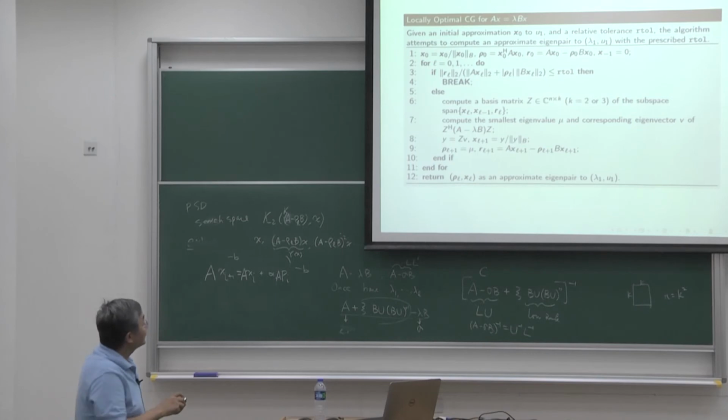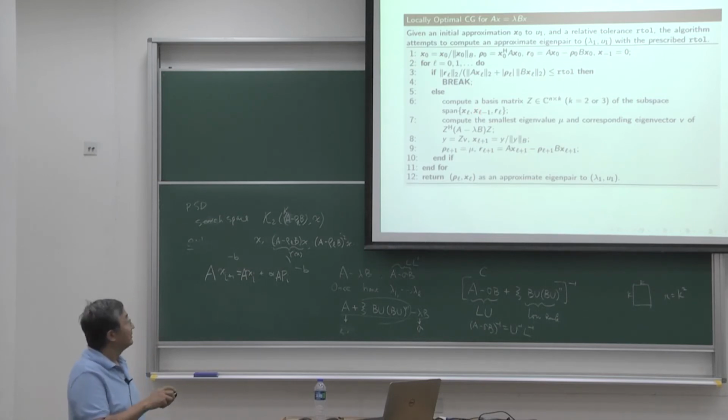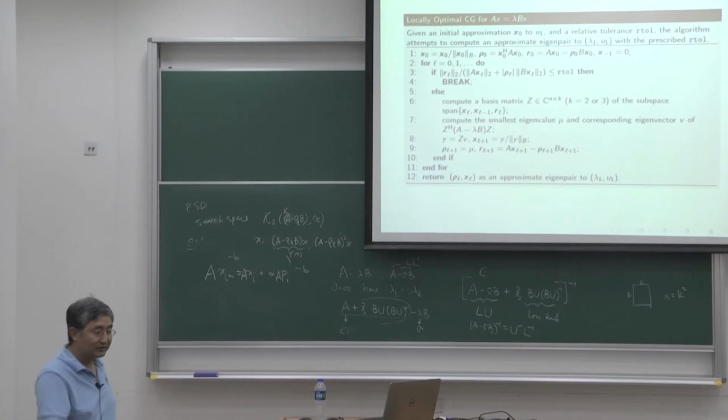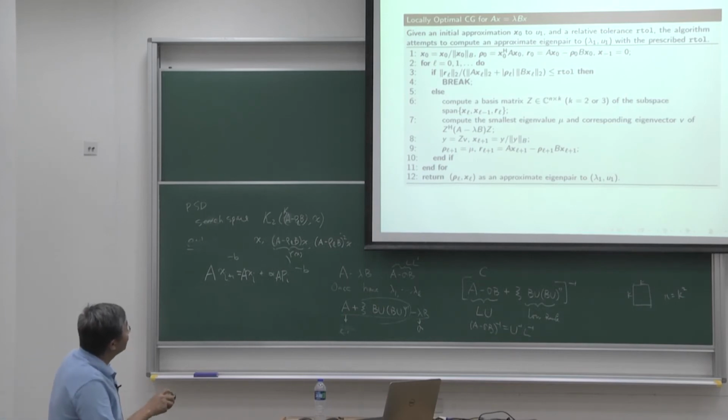So when you compute the basis of this three-dimensional space, you can suffer catastrophic cancellation: when you orthogonalize x_{l-1} against x_l, because they are almost scalar multiples of one another, you simply subtract the whole thing out and what is left is all round-off, or close to it.